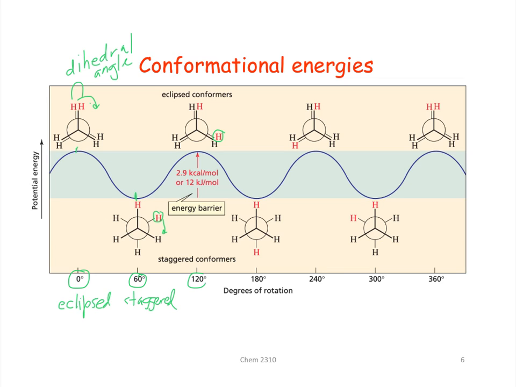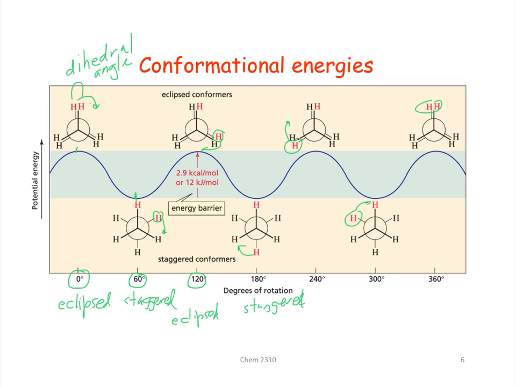So after 120 degrees, we're eclipsed again. If we keep rotating it down, we get to another staggered, and so on. We go alternating between that staggered, it goes to eclipsed, we go to another staggered, and this comes up here back to our starting point.